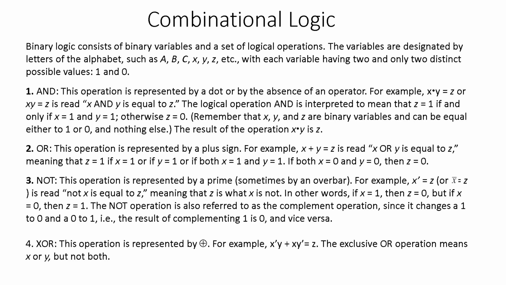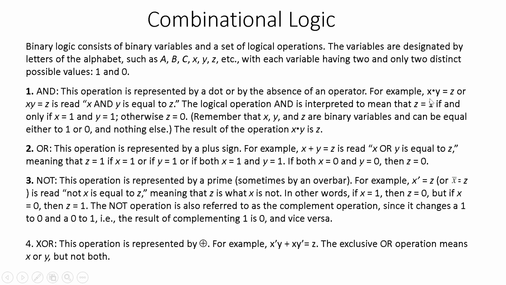When we talk about binary logic, this consists of binary variables and a set of logical operations. The variables are designated by letters of the alphabet, with each variable having two and only two distinct possible values, 1 and 0. For an AND operation, this is represented by a dot or by the absence of an operator, like multiplication.